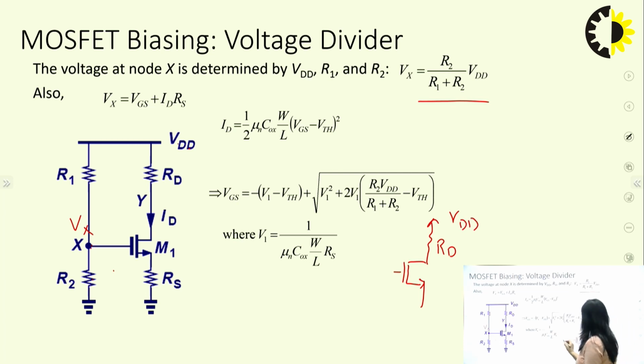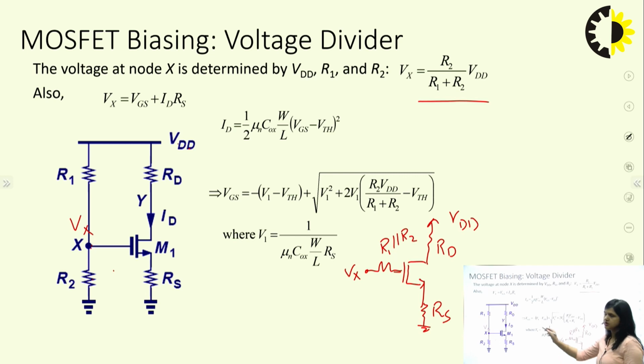Once we have calculated the value of Vx, then R1 parallel R2, and here RS is connected, which is grounded. So this is the equivalent circuit for this voltage divider network. But the current in these resistors, which is a parallel combination of R1 and R2, is 0.